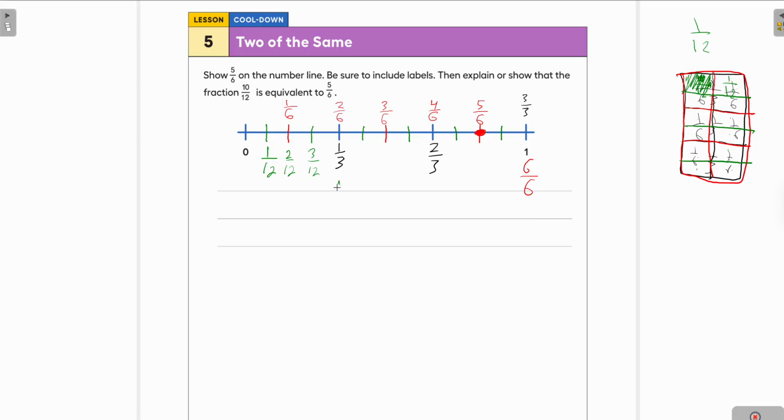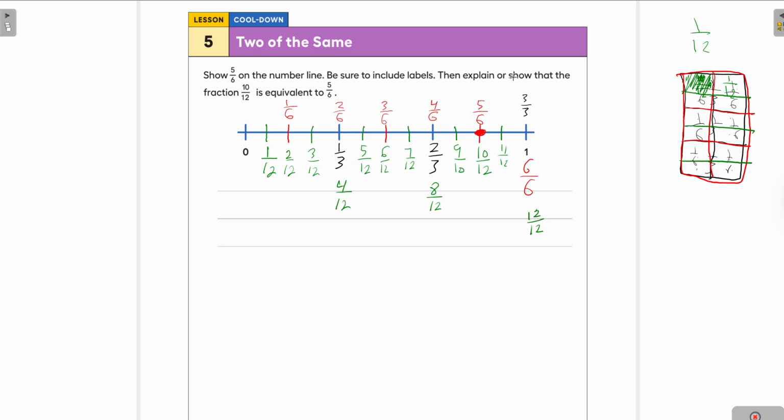This one is 4 out of 12. 5 out of 12. 6 out of 12. 7 out of 12. 8 out of 12. 9 out of 12. And here we have 10 out of 12. Here we got 11 out of 12. And of course, one whole is 12/12.